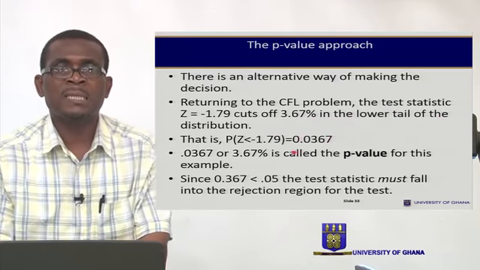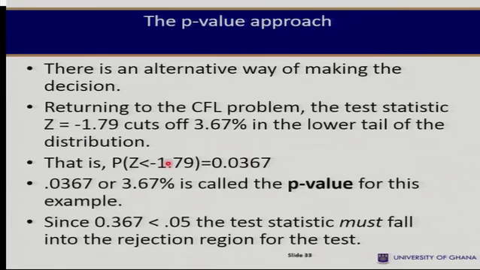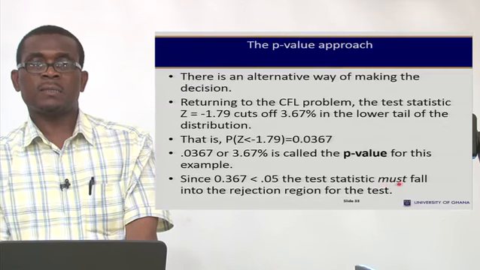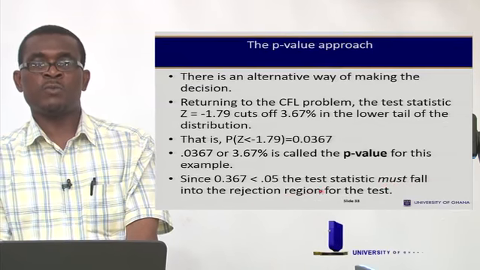What this means is that the probability that Z is less than minus 1.79 is equal to 0.0367. So 0.0367 or 3.67% is called the p-value for this example. Since the p-value that we have obtained is less than 0.05, the test statistic must fall into the rejection region.